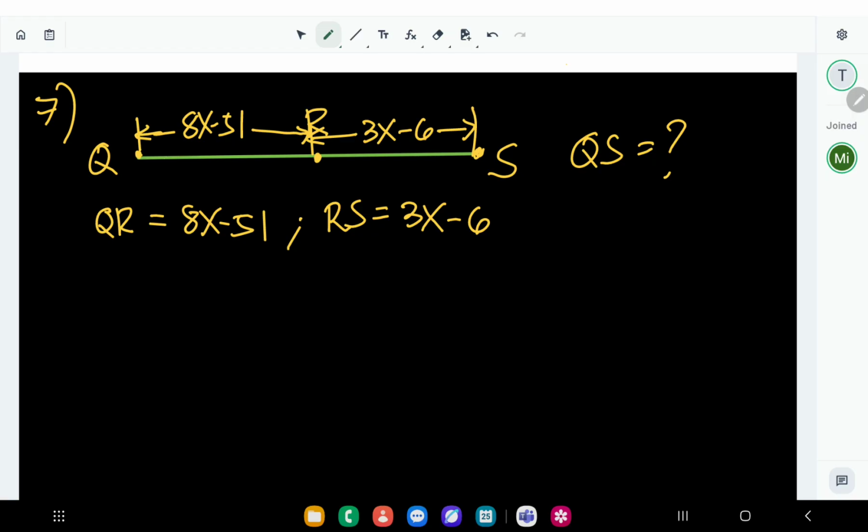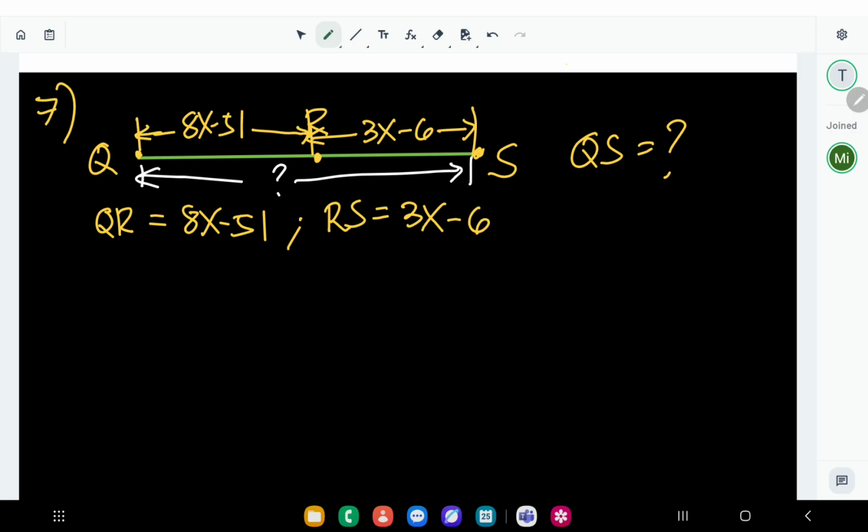So we understood that R is the midpoint, the distance from point Q to R is 8x minus 51, and the distance from point R to S is 3x minus 6. We need to find the distance from point Q to S.